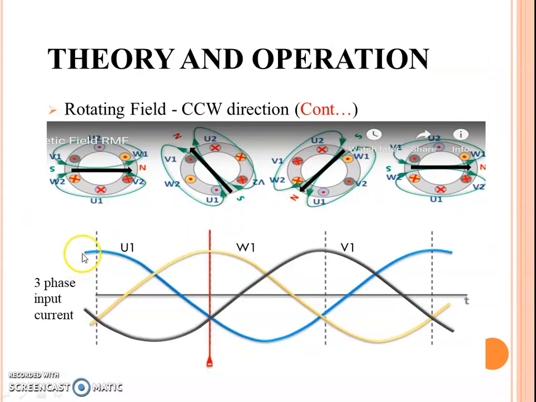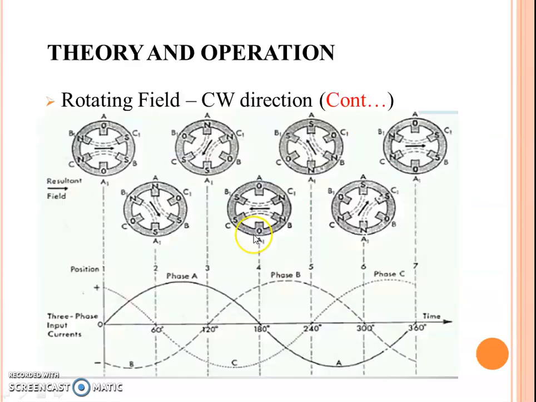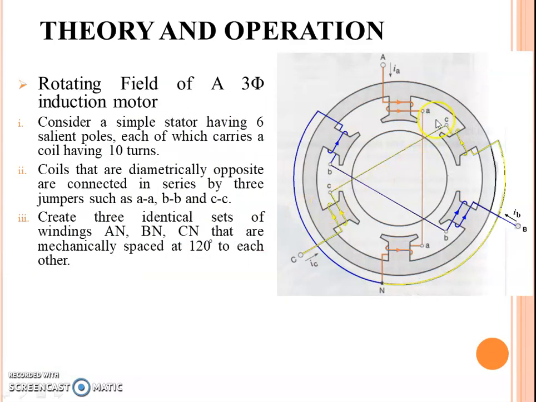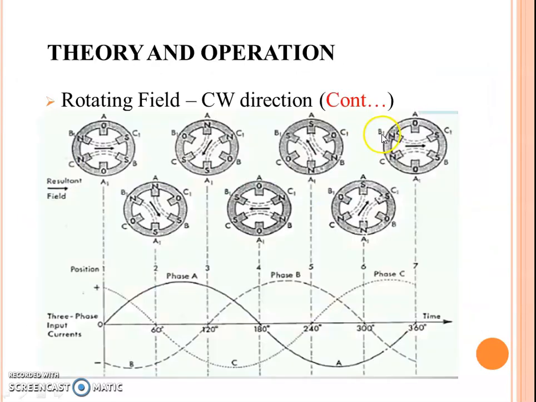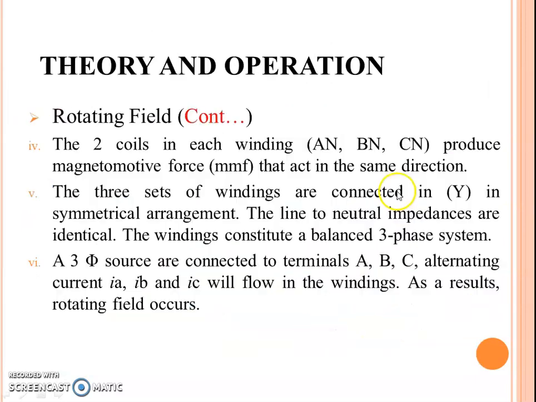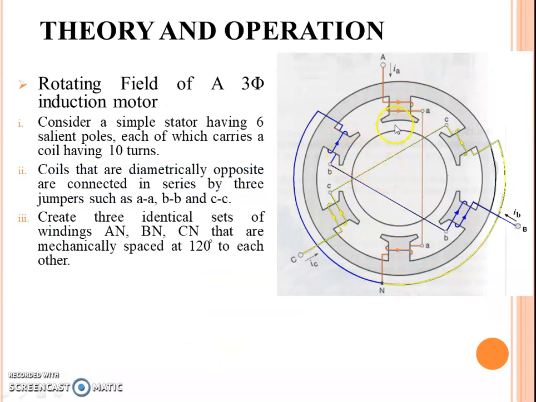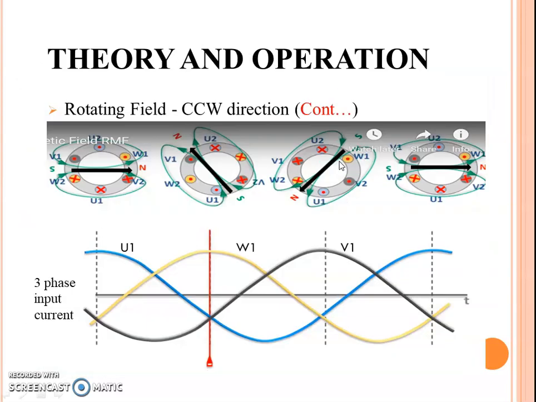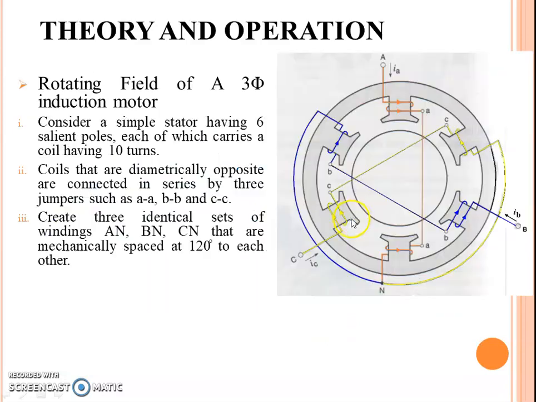When the blue phase goes down, the yellow phase goes up. Let's say the red phase refers to A. When A is up, then B is up, so the field changes to B. Then the field changes to the yellow, which is C. So you have north here, north here, north here, and the north is turning anti-clockwise.